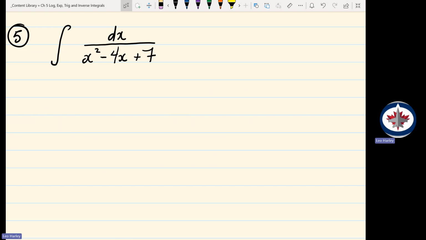Somebody looked at that denominator and said, I don't like something, so I'll change you into something I do like. You need something squared plus something else.